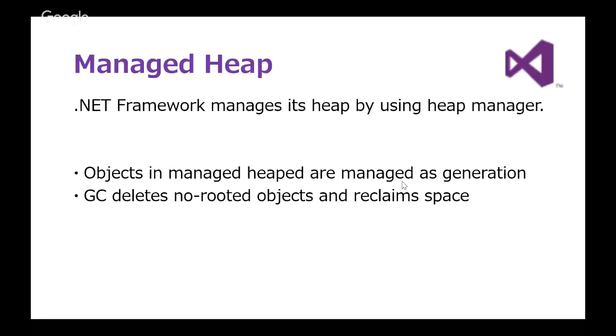And sometime later, the garbage collector comes in to try to collect garbage. But what if my object is not garbage, meaning it is still referenced by something else? We call that rooted. If the object is rooted, the garbage collector cannot collect it because it's not garbage yet, right?